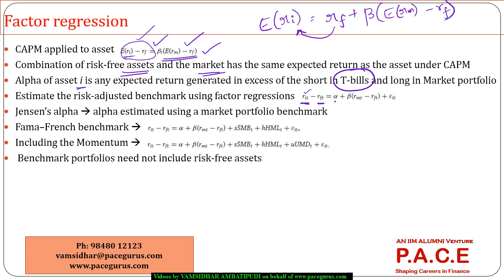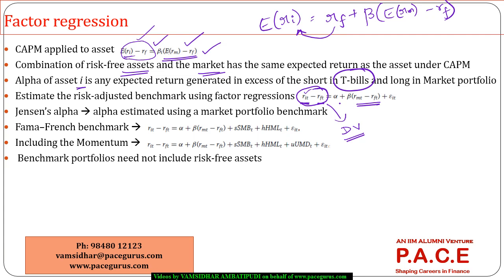How is the risk-free rate of return changing? And we are doing a regression. This is what we are taking as the dependent variable, the excess return over that period's corresponding risk-free rate of return. Similarly, I am taking the market return over the risk-free rate of return for that period.